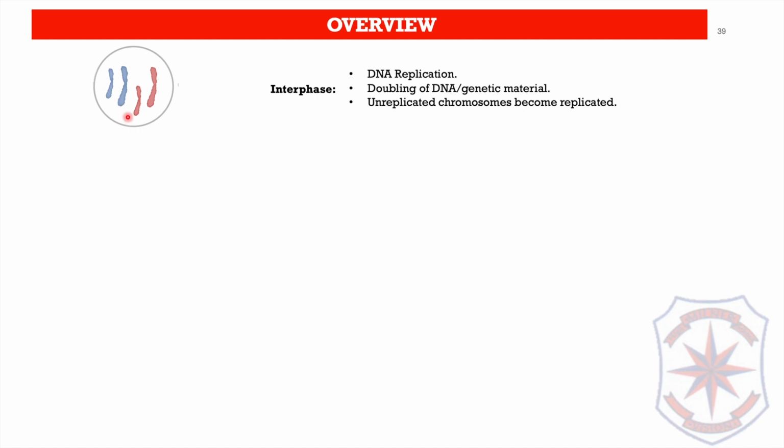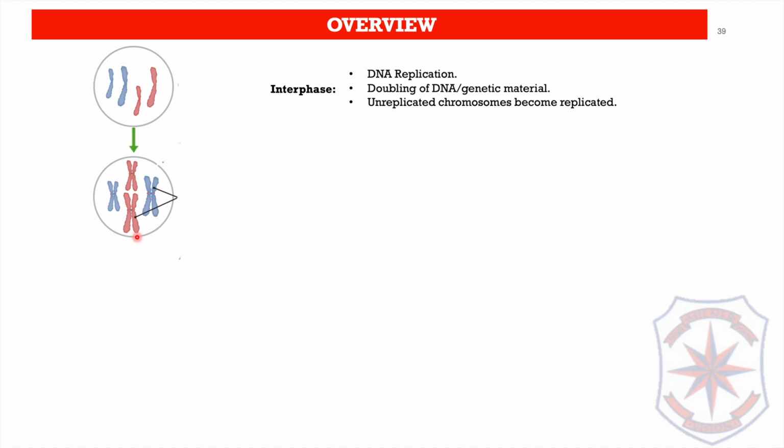So when this cell prepares to divide, DNA replication will take place, and these unreplicated chromosomes will now be replicated, as you can see over there. So these red chromosomes are now replicated.